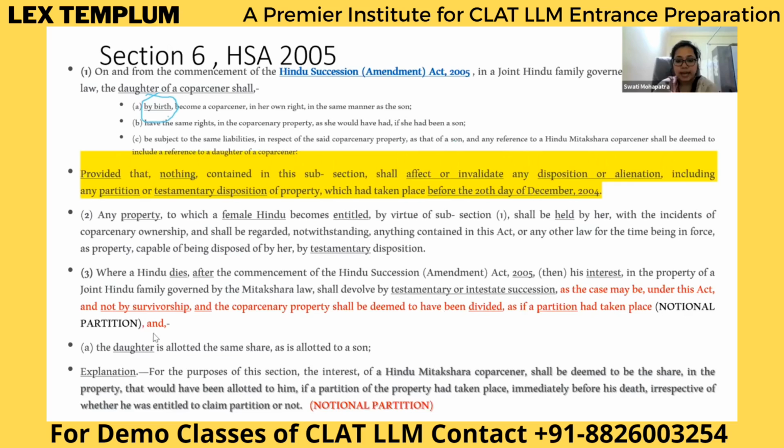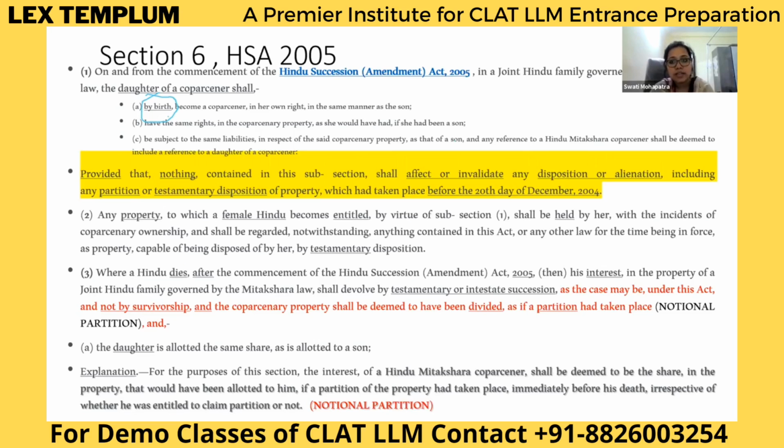So it says that for the purpose of this section, the interest of the Hindu Mitakshara co-partner shall be deemed to be the share in the property that would have been allotted to him if the partition of the property had taken place immediately before the death. So we are getting a presumption here. The partition has not actually happened. We are presuming that the partition has happened, and on the basis of that, we are going to segregate the property and pass it on to the existing co-partners or the descendants.